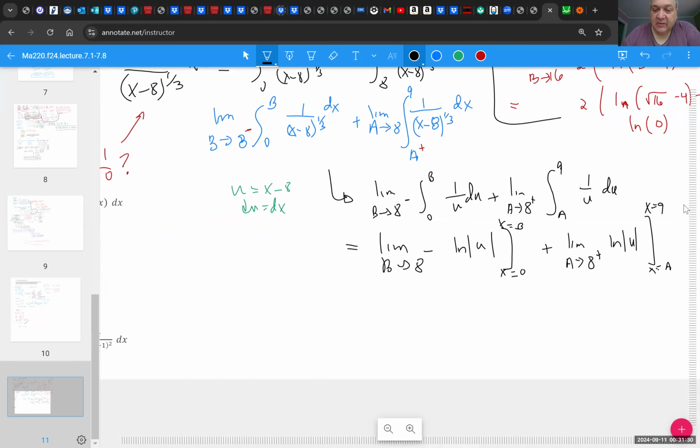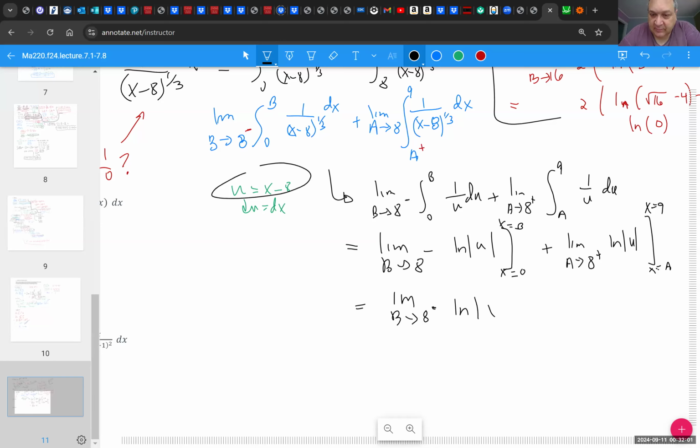Now, once again, you have to put these back in terms of the variable that you're actually using in this problem, which is x. So we get our limit as b approaches 8 from the left. We get ln of b. We have to put in what u is. What's u? Oh, u is this thing right here. u is x minus 8.